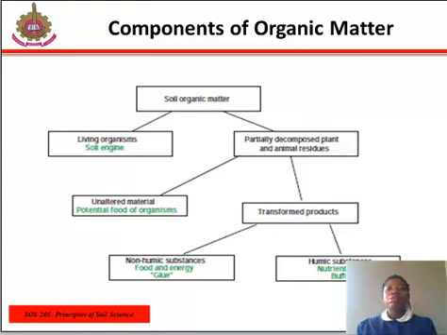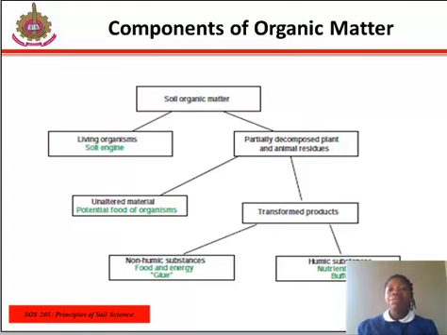So the first 2 types of organic matter contribute to soil fertility because the breakdown of these fractions results in the release of plant nutrients such as nitrogen, phosphorus, and potassium. The humus fraction has less influence on soil fertility because it is the final product of decomposition.